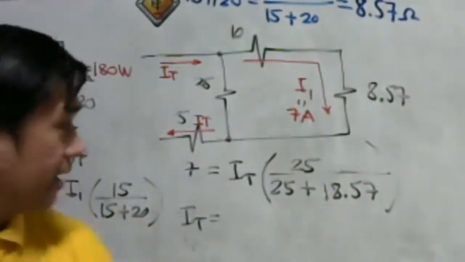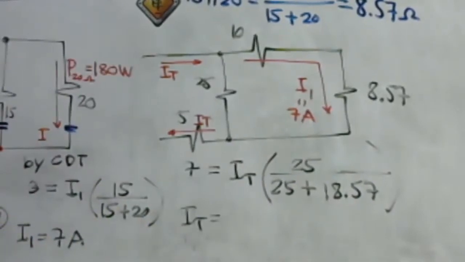What is our total current here? So that is 25 plus 18.57, then we have to multiply it by 7, then divided by 25. That is equal to, the total current is around 12.2.